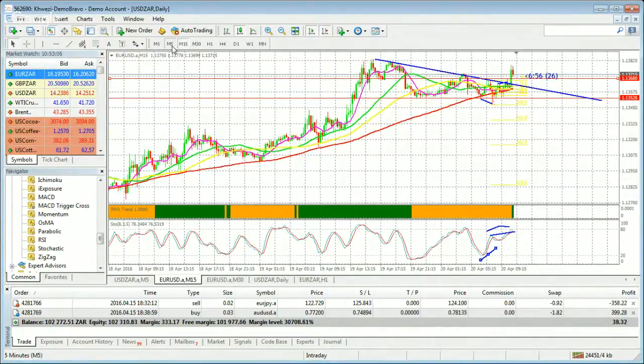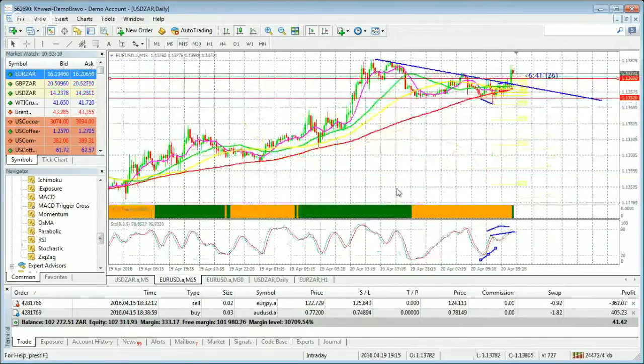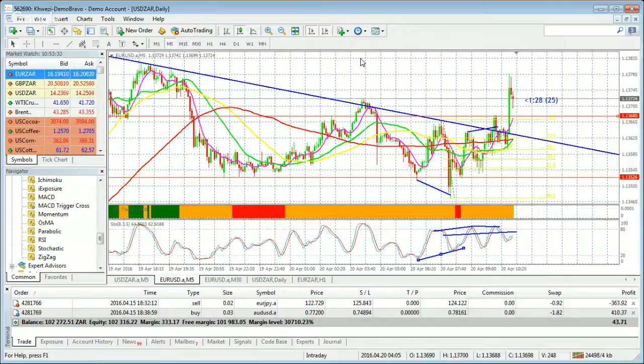Okay, we might get an entry, might not. Divergence is at the tops, and the 15-minute is right at the top, wanting to come down. No divergence on the 15, however, but I don't think we're going to get that signal of confirmation in our session though. That's the only thing, because it's got to happen with this candle. It doesn't look like it is.